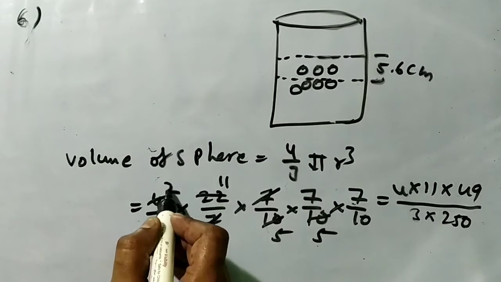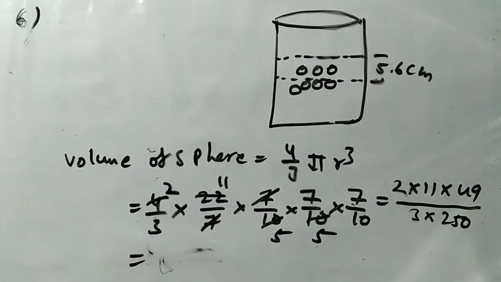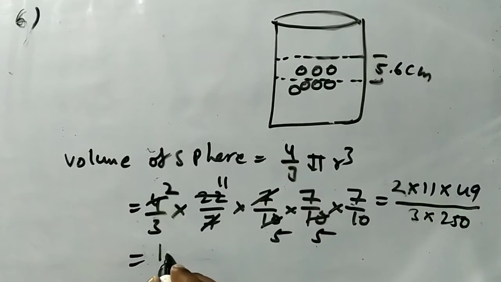Here I made a small mistake. So we get the value 1.43. So it is the volume of one marble.